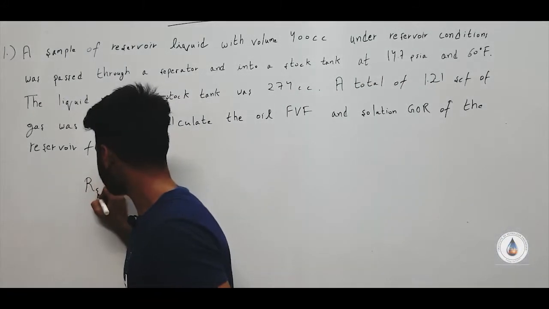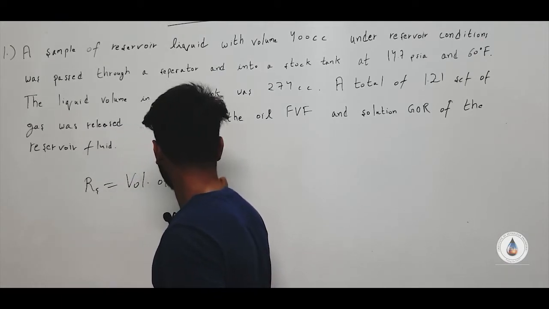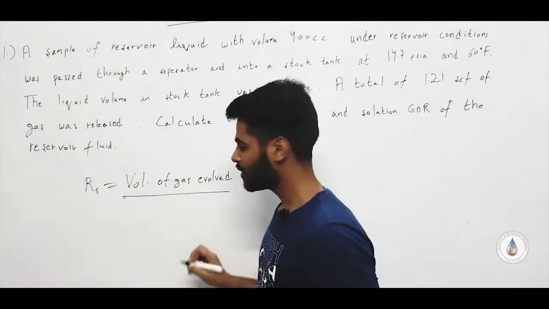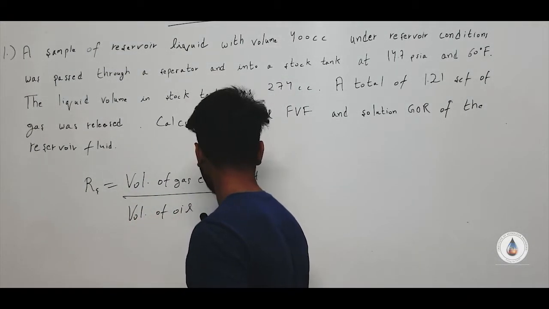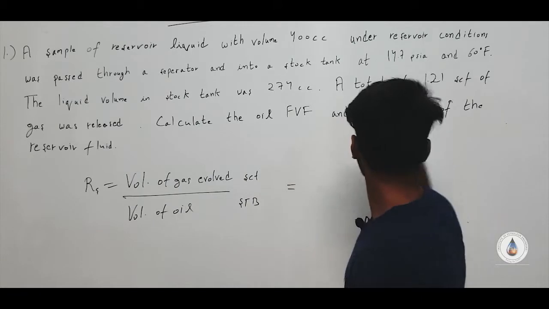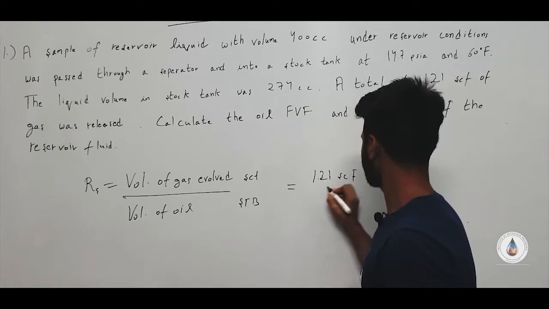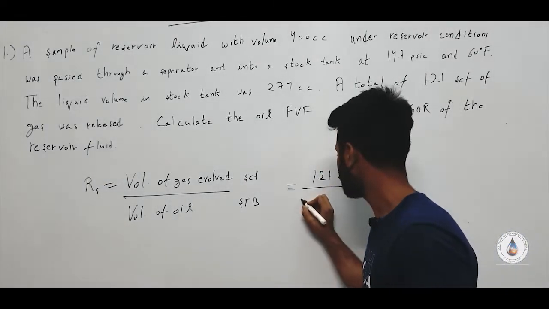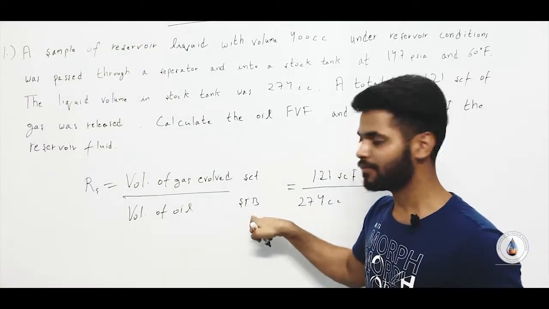Now Rs is volume of gas evolved, in SCF, upon volume of oil at surface conditions. So volume of gas is 1.21 SCF. Volume of oil at surface condition is 274 cc. But we want our answer in SCF upon stock tank barrel.